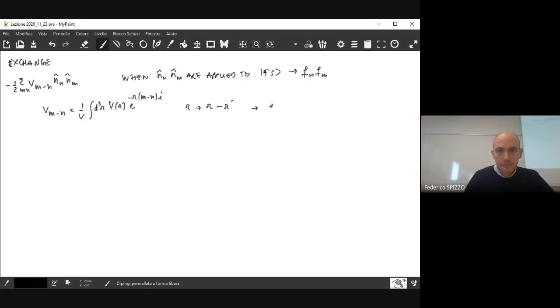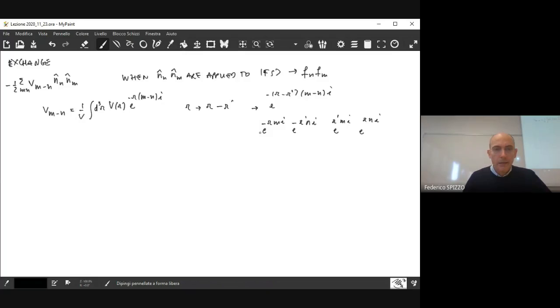So you have a total number of 4 phases: e to the minus i m r, and e to the minus i n r prime, which are the phases with the negative sign. Then the phases with a positive sign are e to the i m r prime and e to the i n r.